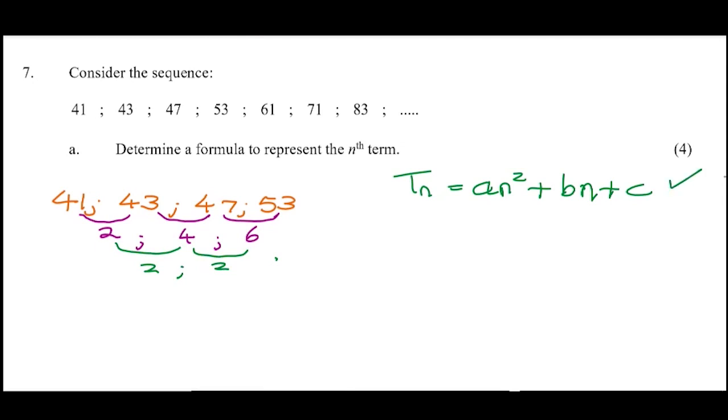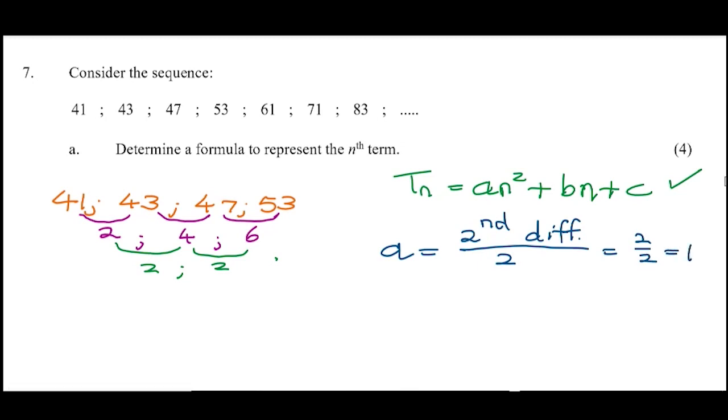Now, we need to remind ourselves, when we've got one of these, A is given by half of the constant second difference. In this case, our constant second difference is 2, so we're going to get 2 over 2, which is 1.